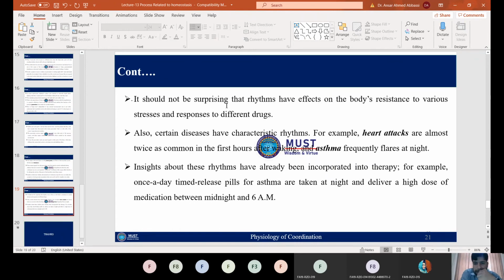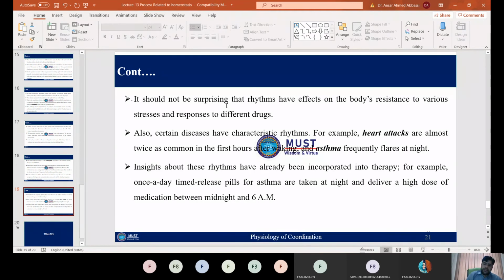So rhythms have effects on the body's resistance to various stresses and response to different drugs. Similarly, certain diseases can also have characteristic rhythms. For example, heart attacks are mostly common in the first hours after waking.